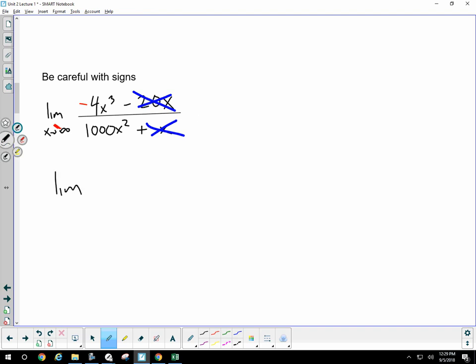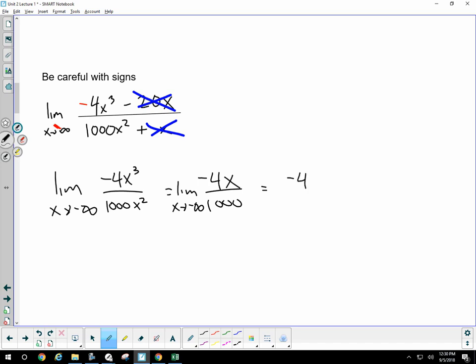And if I asked you to find this, your first instinct is to simplify it. And when you simplify this, you get -4x over 1,000. I don't even bother with the fraction. But I'm finding the limit as x approaches negative infinity. Well, if I plugged in negative infinity, it's important to keep track of our signs.